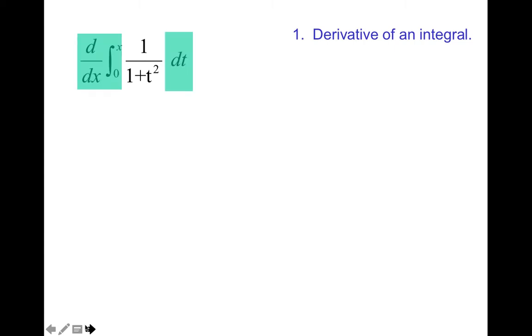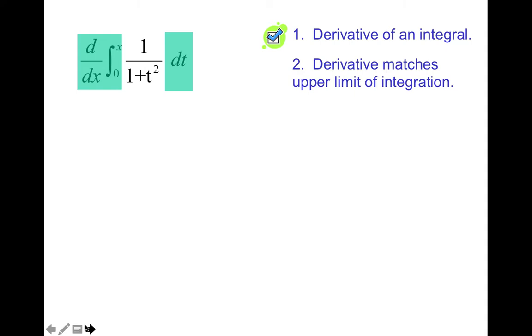What somebody is asking you to do is to take the derivative of an antiderivative. That's like saying take the square root of a square. So you know what I do with this? I say to myself, self, that's a derivative of an integral. Then I say to myself, self, does the variable of differentiation match the upper limit of integration? Is that true?